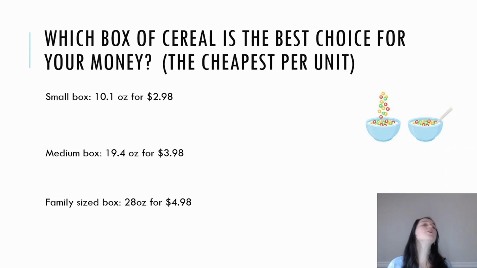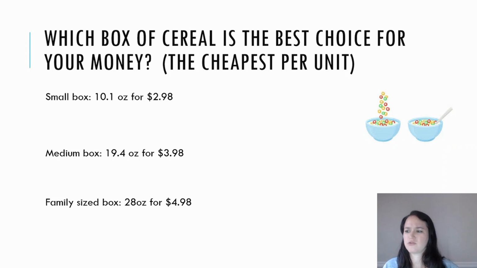They're huge. They're all different sizes, and they're all different prices. These are actual prices in ounces I got from my local grocery store a couple weeks ago to see what is the best choice for my money. So which is going to be cheaper per unit, right?